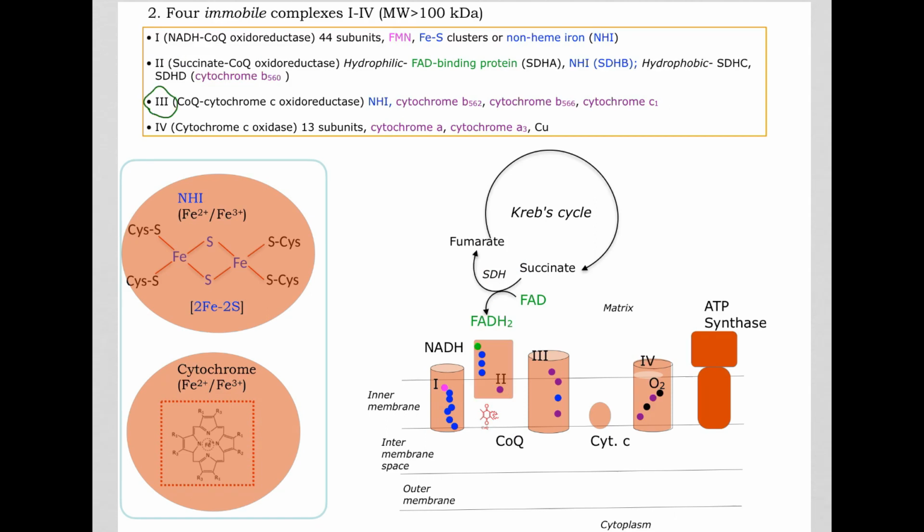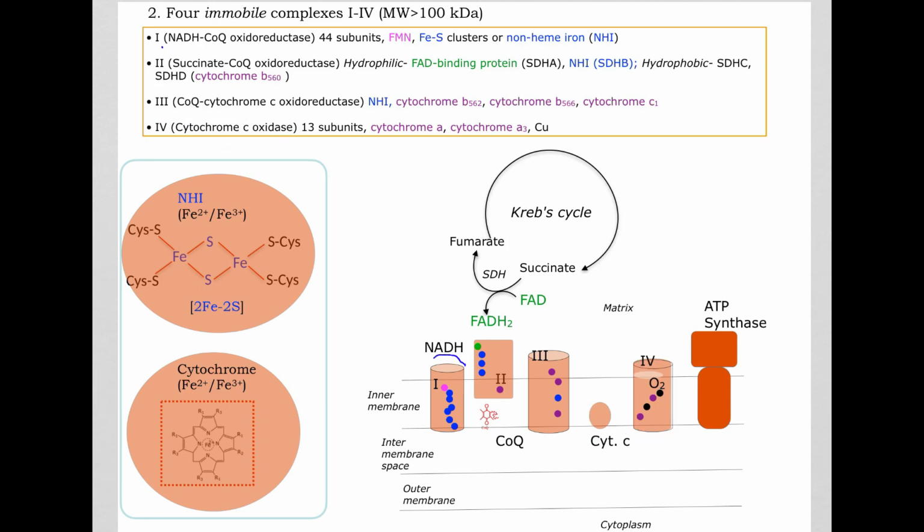Complex 3 is called coenzyme Q cytochrome C oxidoreductase. And the 4th immobile complex is complex 4, which is called cytochrome C oxidase.